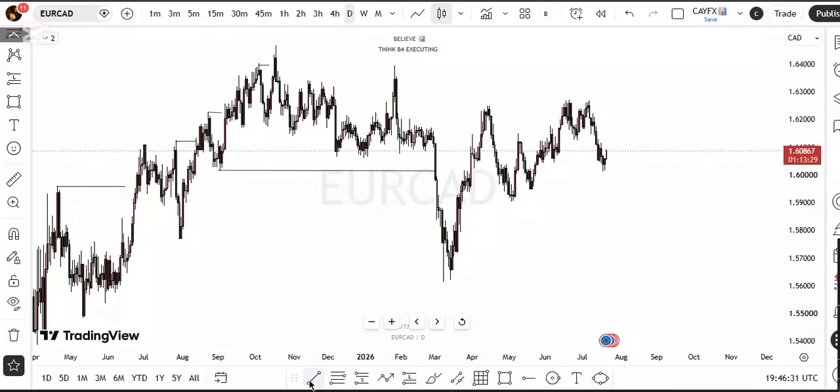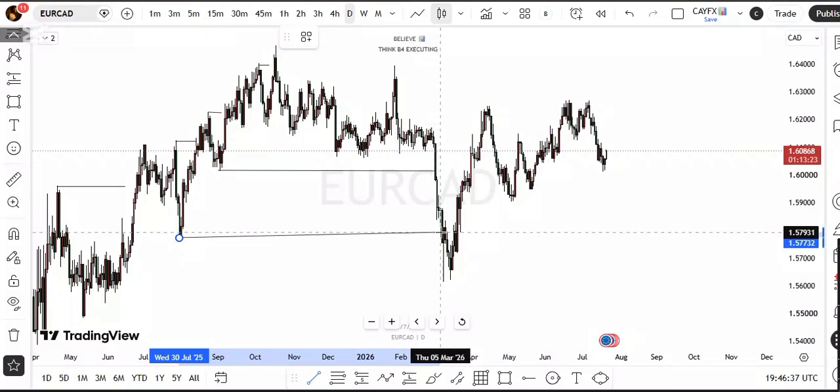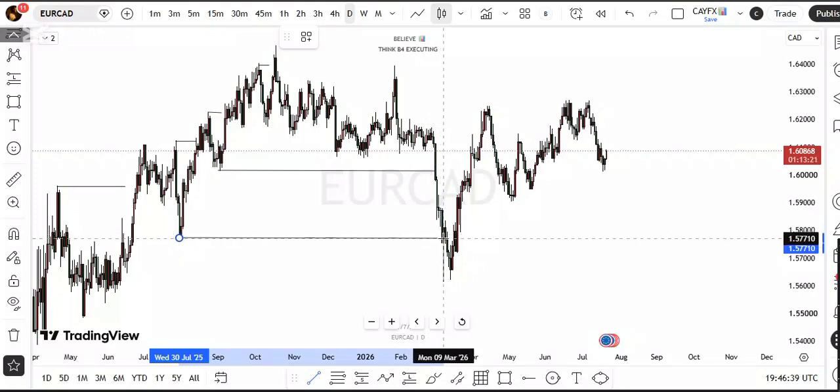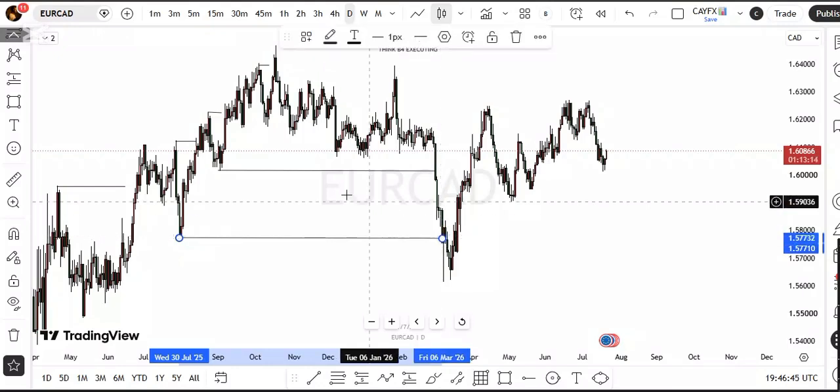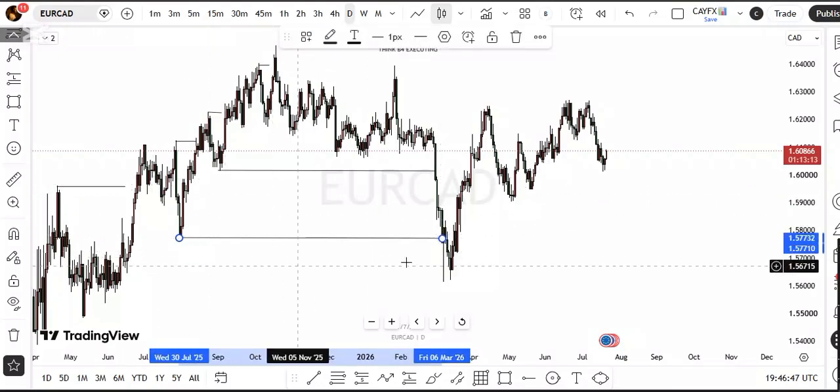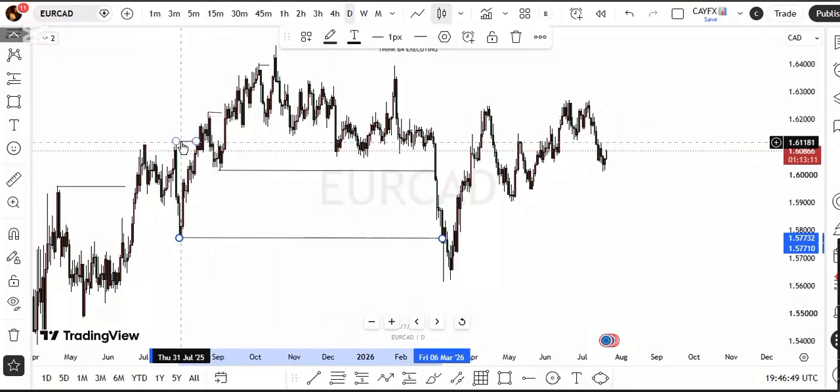And not only that, it gave us a double change of character, a double break, showing that this is a strong change of character. It broke the first one, then the second one.